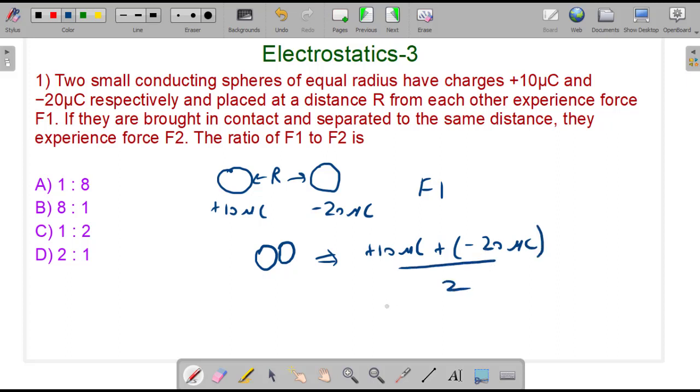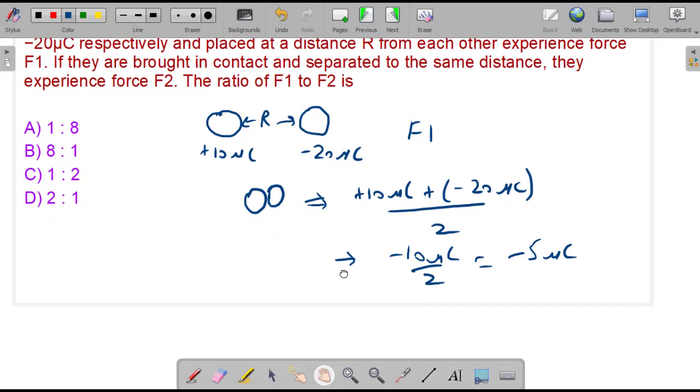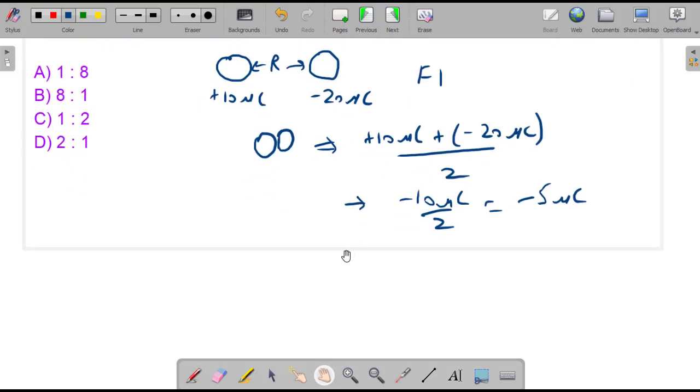So this is the formula for getting the charges on each sphere. 10 minus 20 is minus 10 microcoulomb divided by 2. This comes out to be minus 5 microcoulomb. So when the two spheres are brought in contact with each other, each sphere will have a charge of minus 5 microcoulomb on its surface.